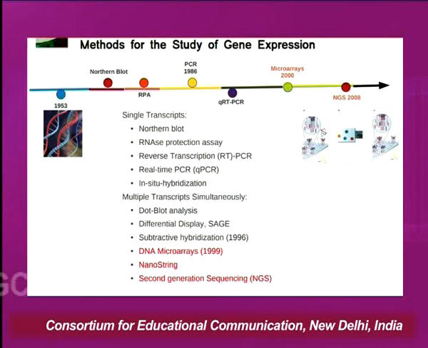So the methods for the study of gene expression have evolved, maybe after the discovery of DNA in 1953, after the central dogma was given. It moved through several steps, but now we have next generation sequencing methods. Those are very rapid, and we also have EST and microarray methods.